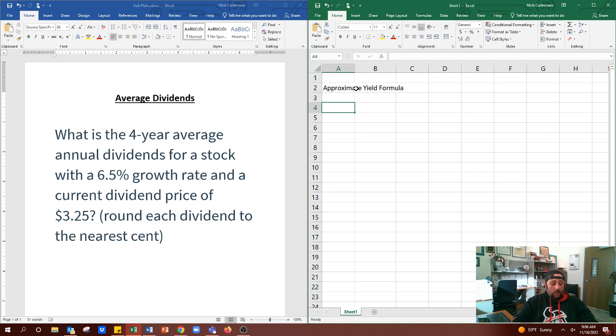The first one is the average dividends plus the average growth rate of a stock, and all that is divided by the average price of a stock.